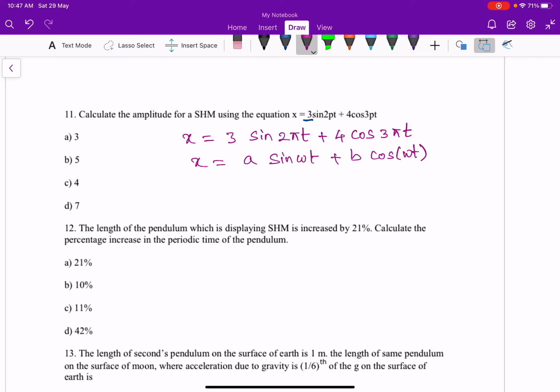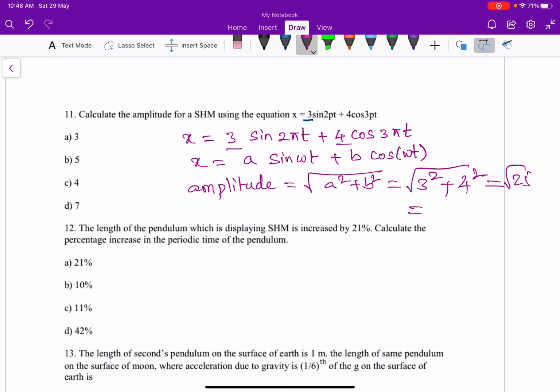For this, the amplitude is given by the expression root of a square plus b square. Here a is 3 and b is 4. Root of 3 square plus 4 square is root 25, which is 5. 5 is the answer.